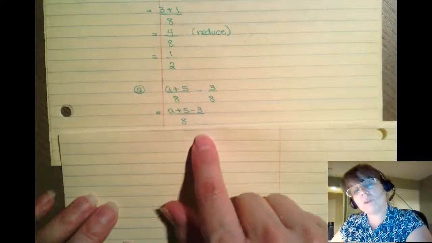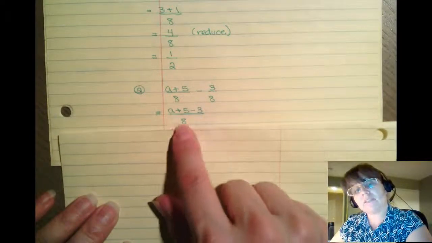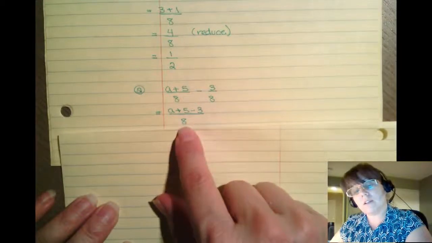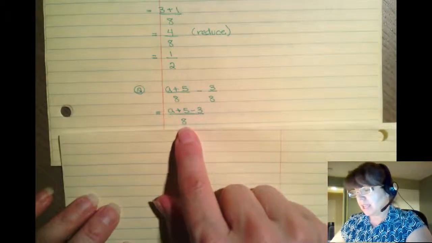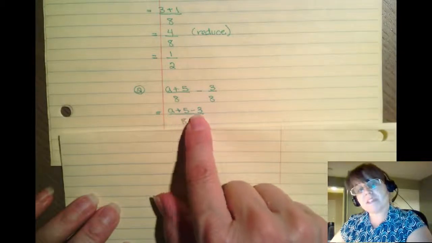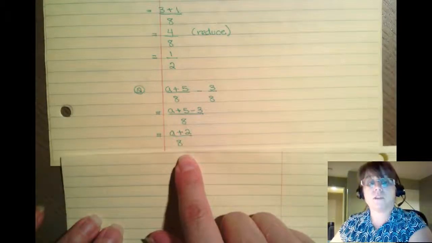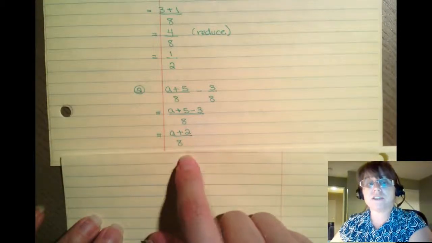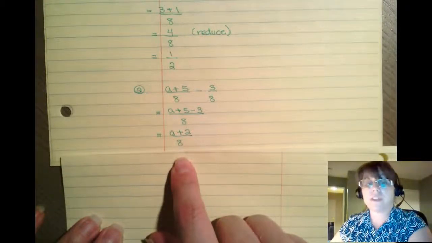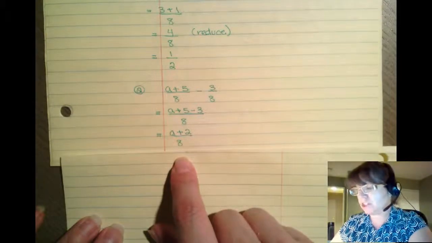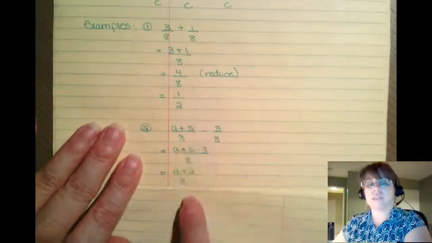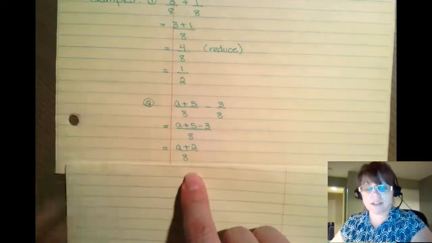So we can put it under one fraction, (A plus 5 minus 3) over 8. And we can do the math of 5 minus 3, and we're left with (A plus 2) all over 8. And that's good enough. We don't have to reduce. In fact, we can't unless we break this fraction almost up to the original, and that's not the purpose of this exercise.